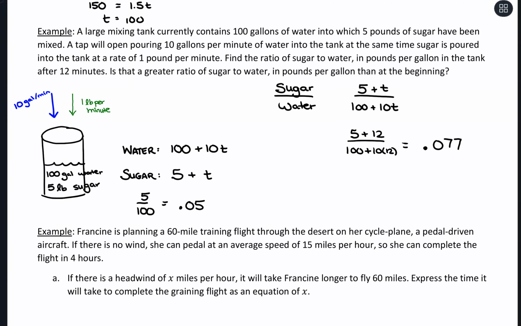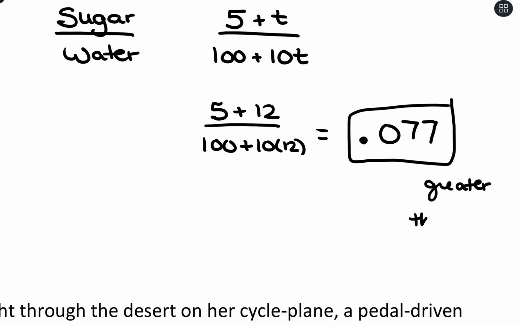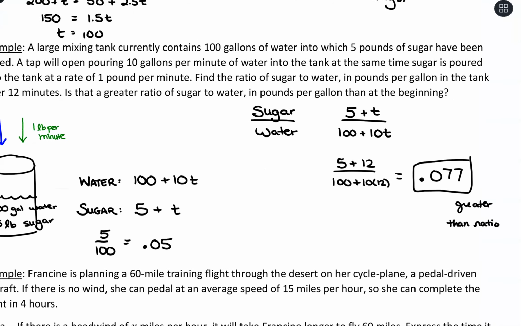So in terms of a ratio, we're looking for which is greater, where we ended up at 12 minutes is a greater ratio than where we started, because of the larger value.